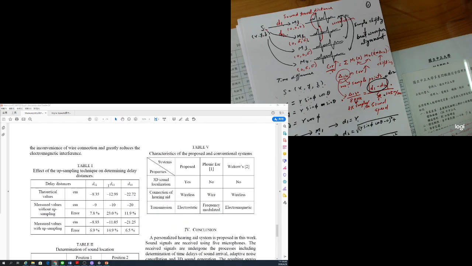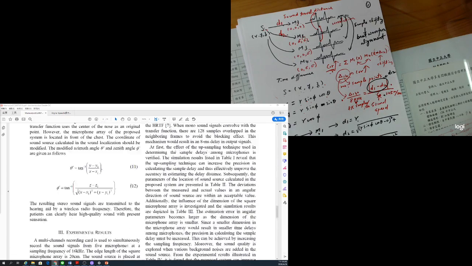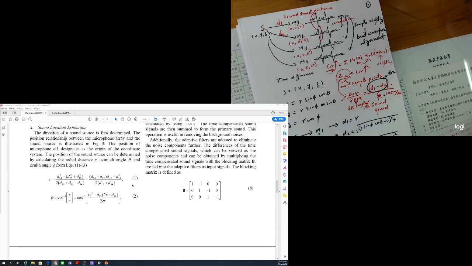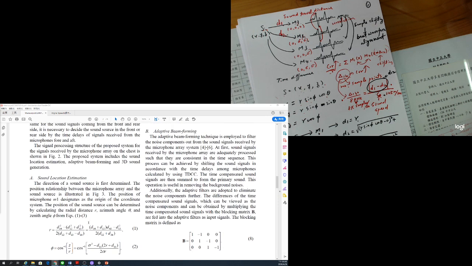This just shows you what we did before, but we were not focused only on sound localization; we were focused on hearing aids. However, before we did this, we also considered sound localization, trying to identify the sound location. Based on the sound location, we can apply the head-related transfer function to try to enhance perception localization.